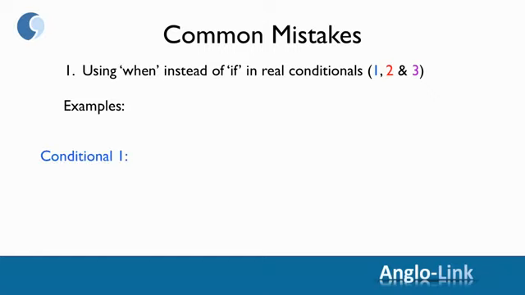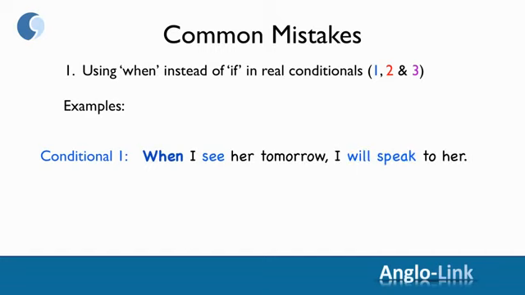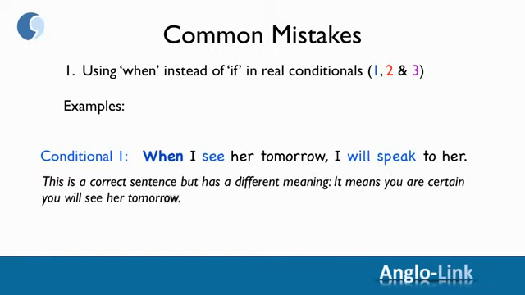In conditional 1, when I see her tomorrow, I will speak to her. Actually, this is a correct sentence, but it has a different meaning. It means you are certain you will see her tomorrow. It's no longer a conditional sentence.